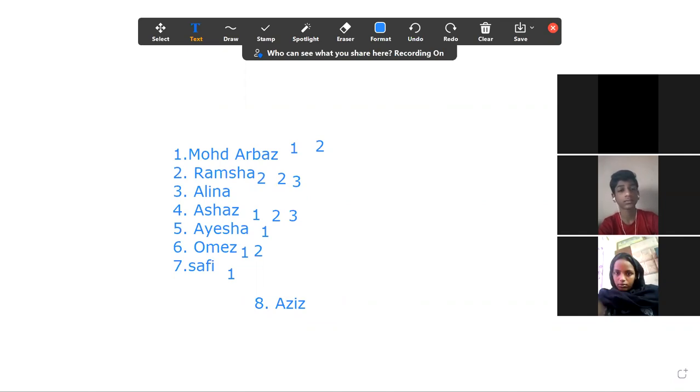Epithelium, Aisha. Umesh says none of the above, okay. So transpiration is regulated by the movement of, what is C, Ashaz? None of the above.